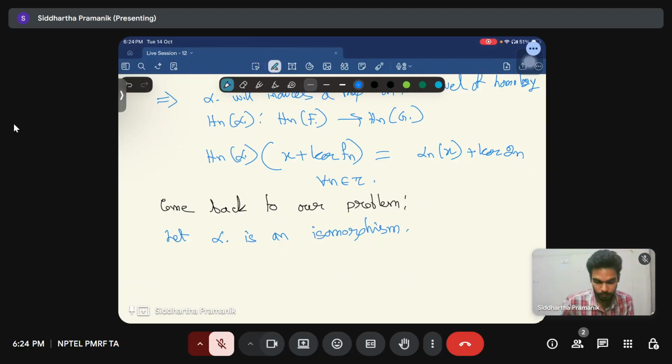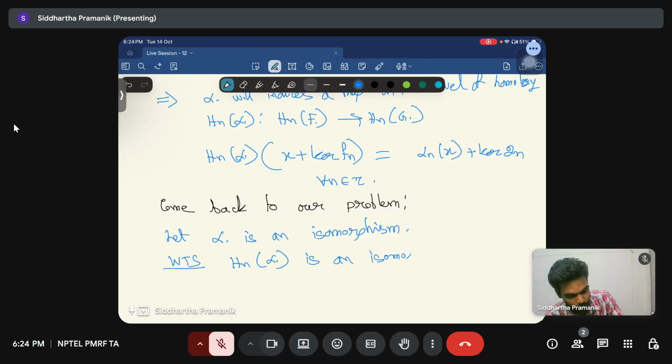So we want to show hn alpha dot is an isomorphism for every n belongs to Z.